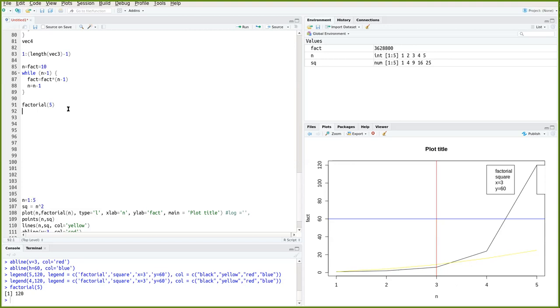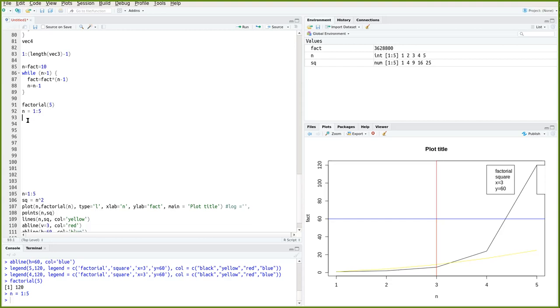So I will make a vector, a list of numbers which have numbers 1, 2, 3, 4, 5. I can either make it simply like 1 to 5, and I get my vector n, which has values 1 to 5.